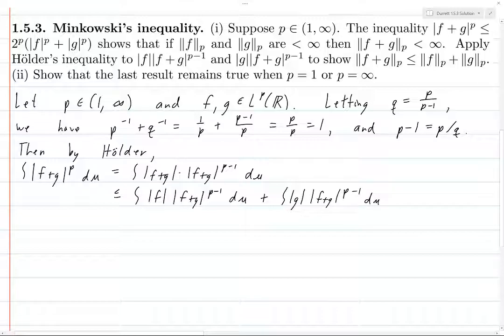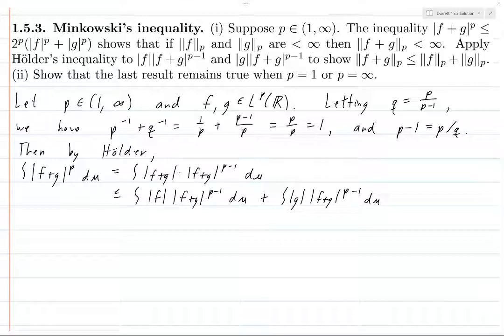Okay, and now we apply Holder's inequality using p and q here. So we have the one norm of the function f times |f plus g|^(p minus 1). So we can take the p norm of one of these and the q norm of the other.